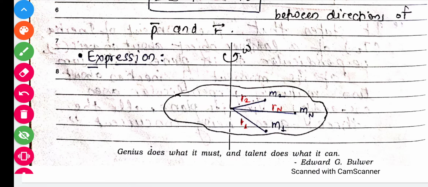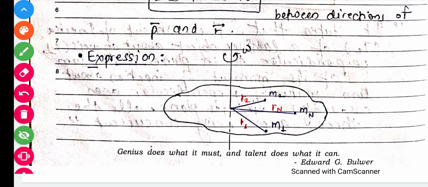Another thing is that all the particles are not at the same distances. Some particles will be near the axis, some somewhat far from the axis, or you can say different positions of the particles have different distances from the axis of rotation.